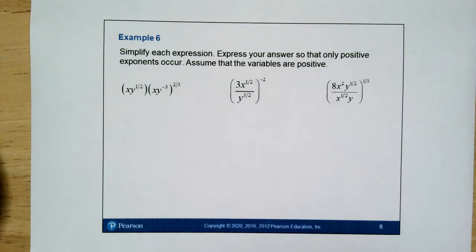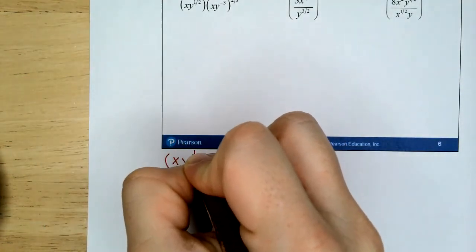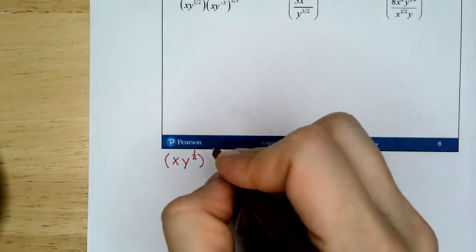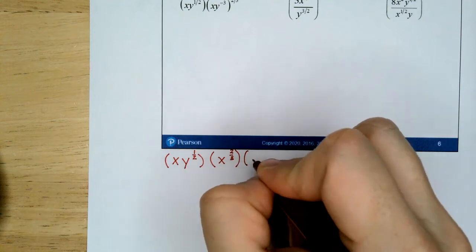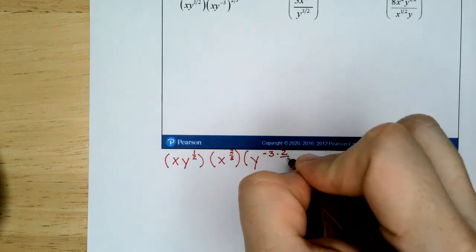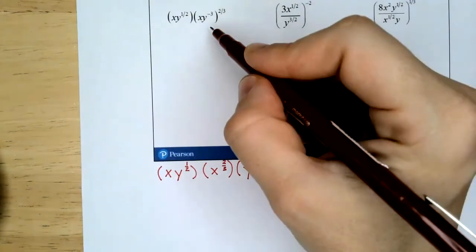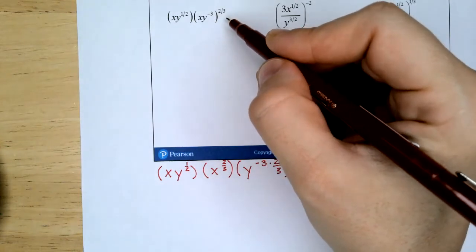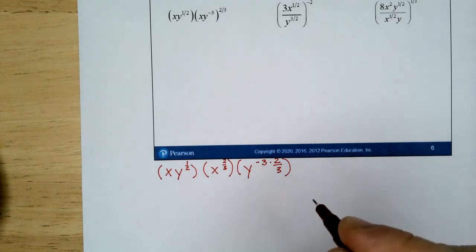So what I have is x times y to the 1/2 times x to the 2/3 times y to the -3 times 2/3. Okay. Oh, sorry. Yeah, that's correct. Because if I'm raising the -3 to the power of 2/3, according to the rule of exponents, I'm multiplying them, right?